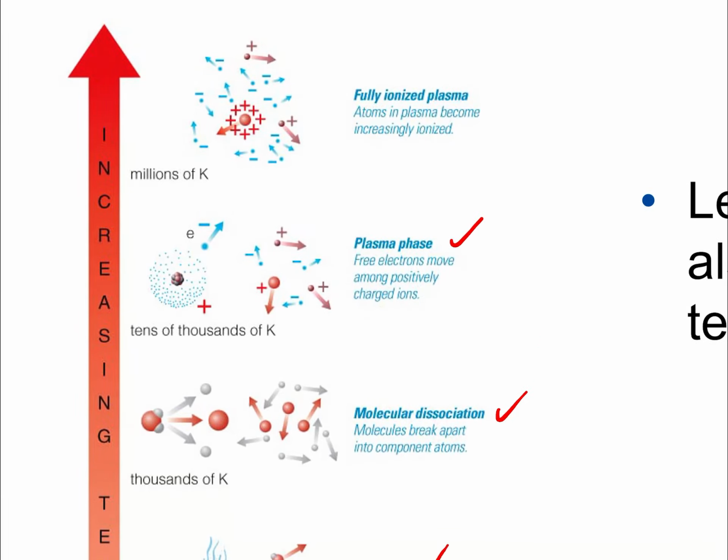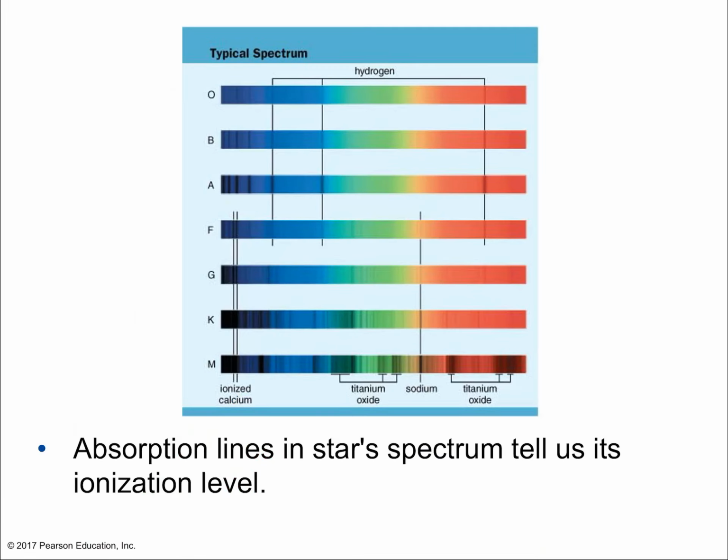And then eventually there's full ionization, no leftover electrons. So that level of ionization tells you something about the temperature. The absorption lines in a star's spectrum tell us its ionization level. That's really important, that there are going to be black lines in certain types of stars.